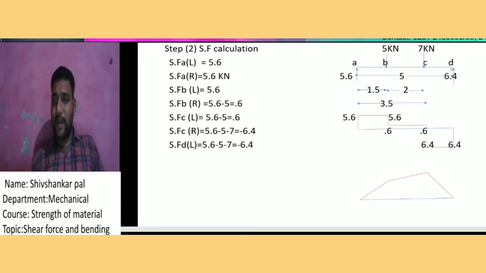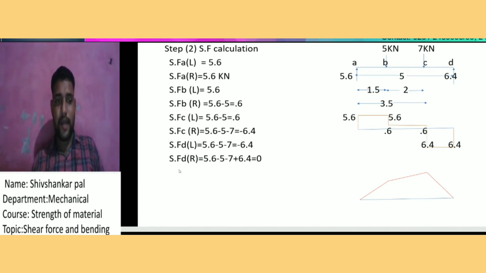For the shear force at point D, just left of point D, I see only the three force loadings. That difference is equal to minus 6.4. When I go just right of point D, I see four loadings: 5.6, 5 kN and 7 kN, and also 6.4 kN in the upward direction.